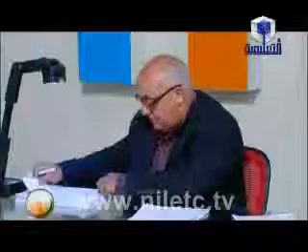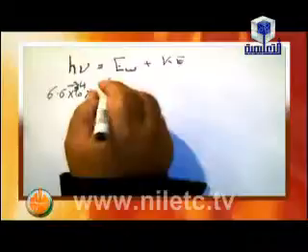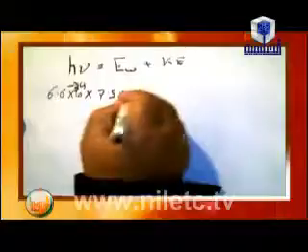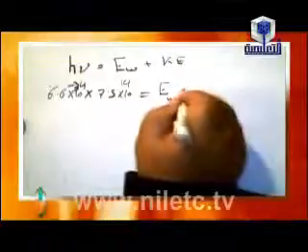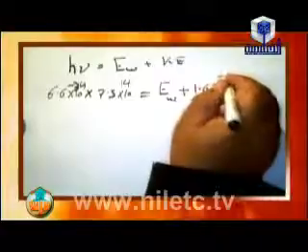Again, we can substitute. h nu equals W plus kinetic energy. 6.6 times 10 power negative 34 times 7.5 times 10 power 14 equals W, the work function, plus kinetic energy, which is 1.6 times 10 power negative 19.